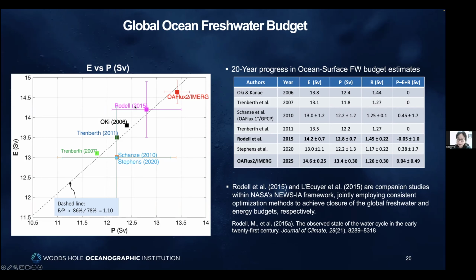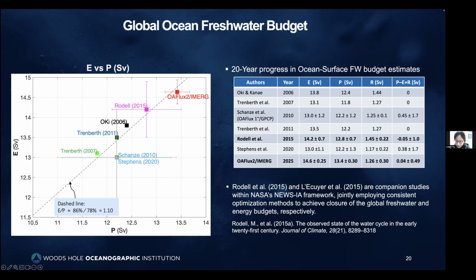But Reno, a companion study within NASA's new framework, both use optimizations to achieve closure of freshwater and energy budgets, and are consistently weaker than our fluxes versus iMerge.